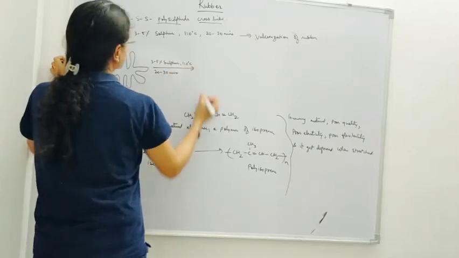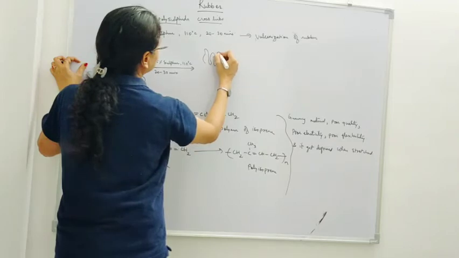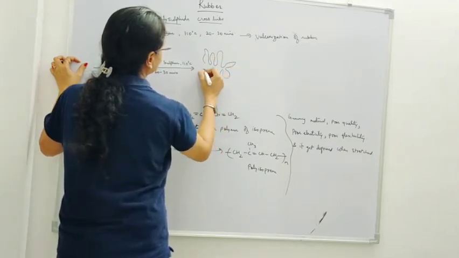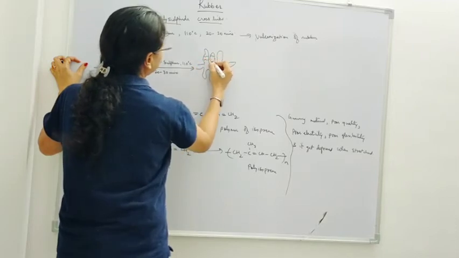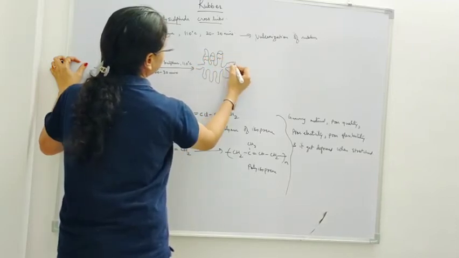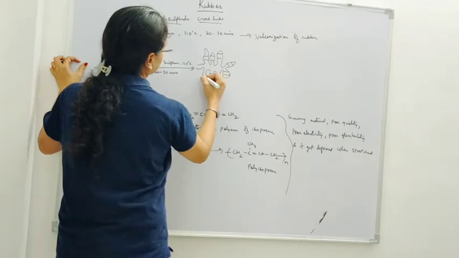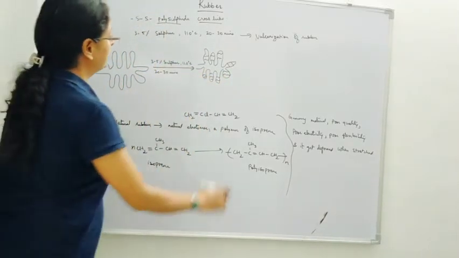When we do this, we will find the cross links will be introduced into these rubbers. So cross links are getting introduced over here. You can show it in this way. Earlier there were no cross links. Here the cross links have been introduced.